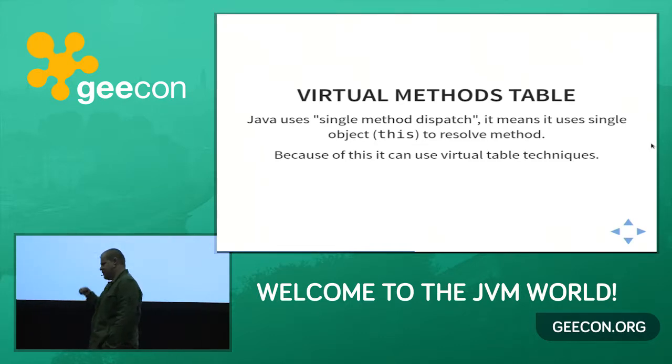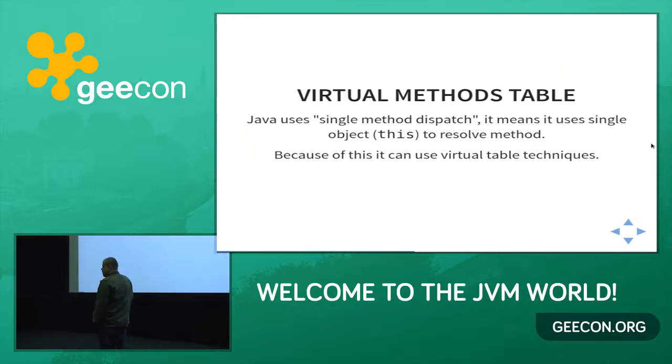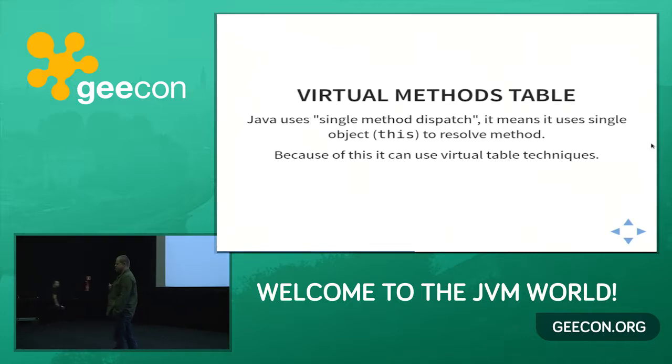So under the hood, Java is using something called single dispatch. How does Java find which method to invoke? It takes the receiver, the thing you have on the bottom of the stack, and based on the receiver, it tries to match the method it's going to invoke.